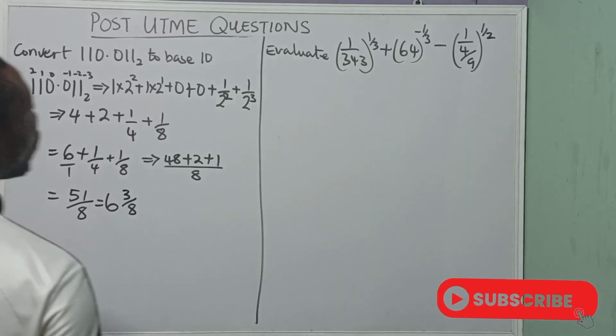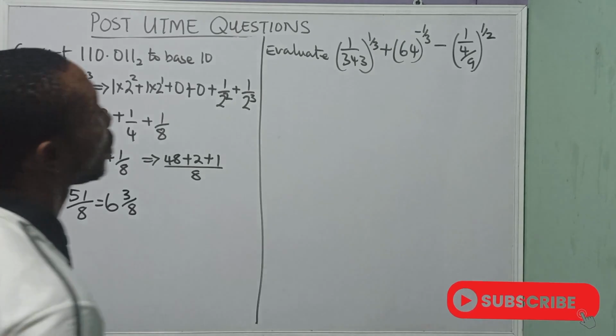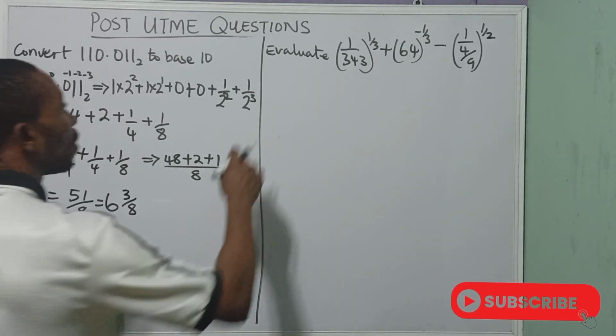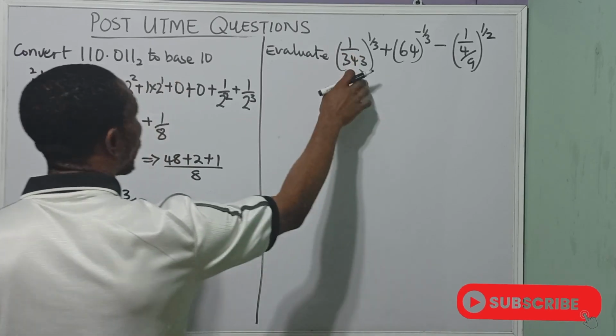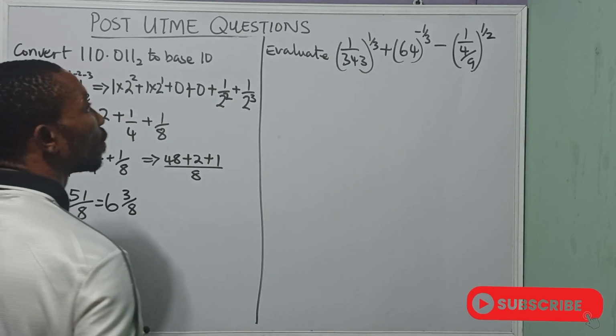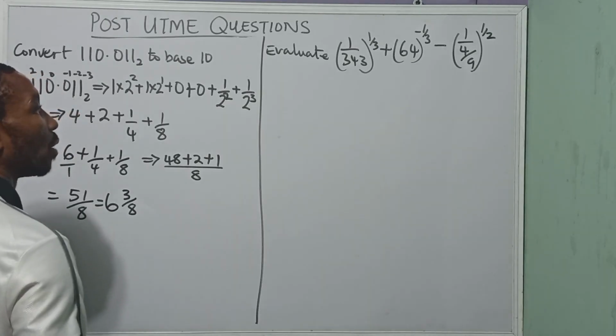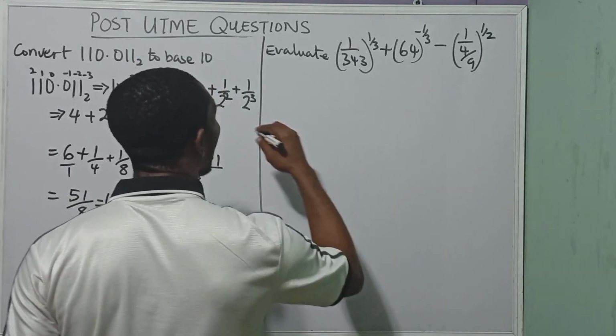Alright, now for our next question, it says evaluate 1 over 343 all raised to power 1 over 3 plus 64 raised to power minus 1 over 3 minus 1 divided by 4 over 9.